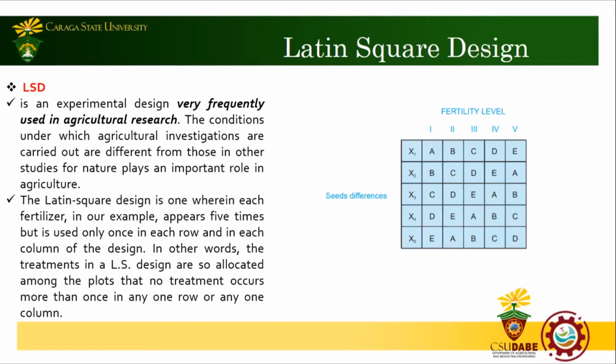It cannot be that A, B, C, D, E repeats in all of them. That's the concept of LSD. LSD is similar to RBD. The only difference is that LSD is X versus Y. So that is their difference.